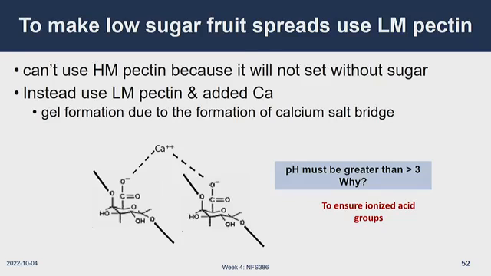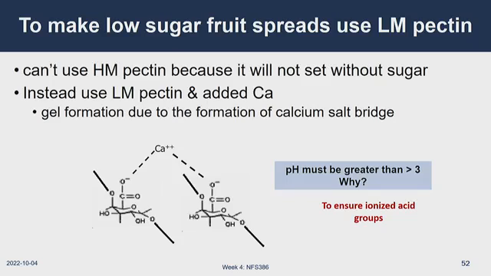If you remember, these are ionized. We have an O minus that interacts with the calcium, and this interaction helps form what we call a calcium salt bridge. And this will help in maintaining the structure of this jam, of this spread.